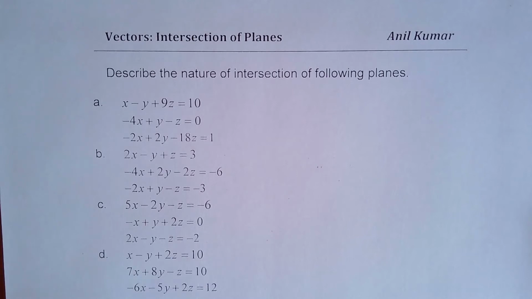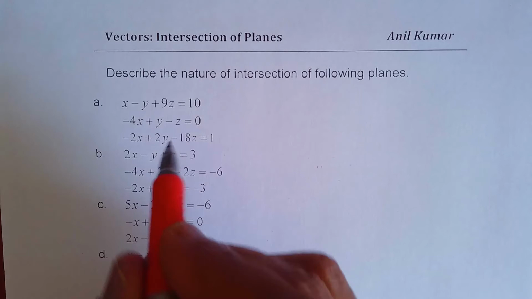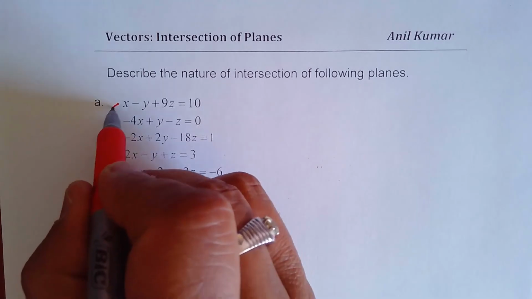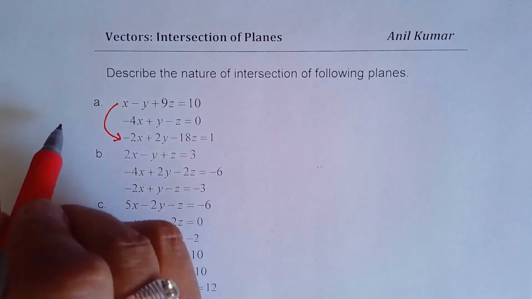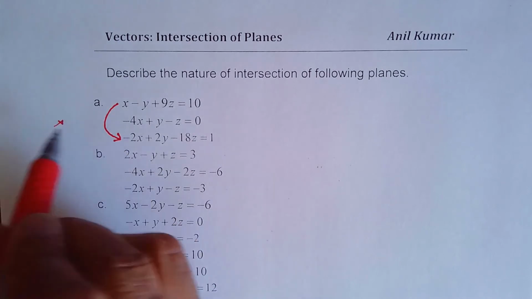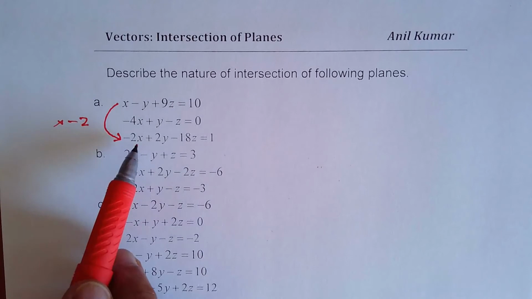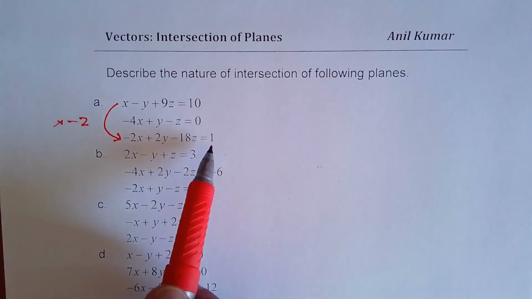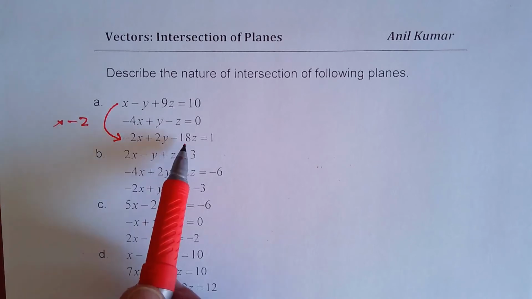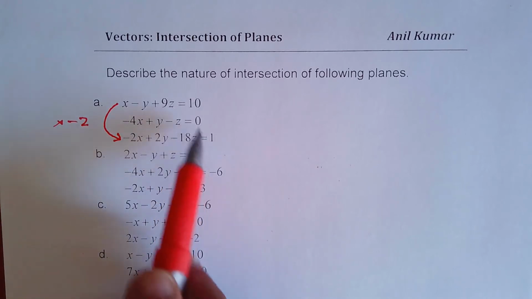Now what you notice here is that equation 1 and equation 3 are related. If I times the first one by minus 2, I get the third equation, only the normal vectors, right? The constants are different.